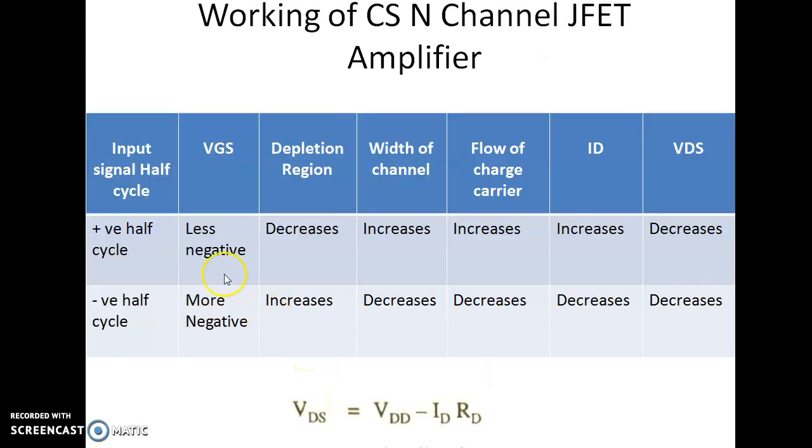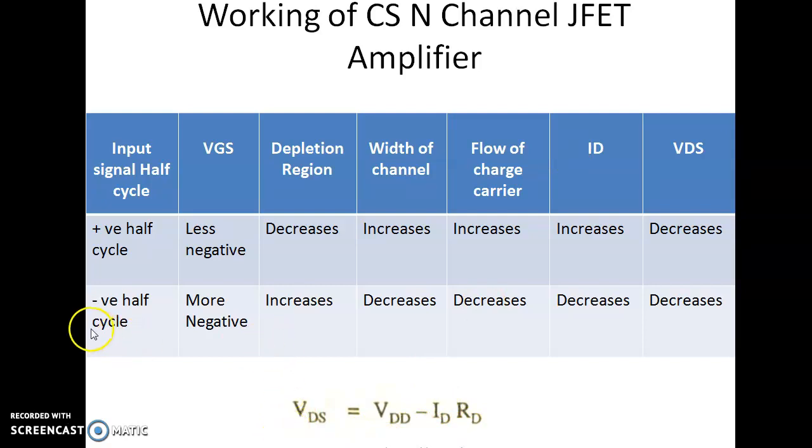The depletion region goes on decreasing, the width of the channel increases, the flow of charge carriers increases, ID increases, and VDS, that is the drain to source voltage, decreases. Because of this formula, if the drain current increases, this VDS will decrease.